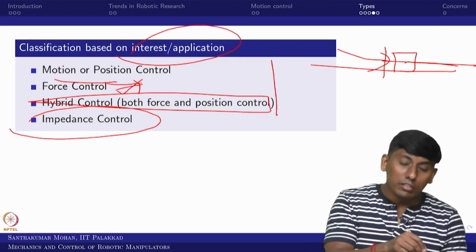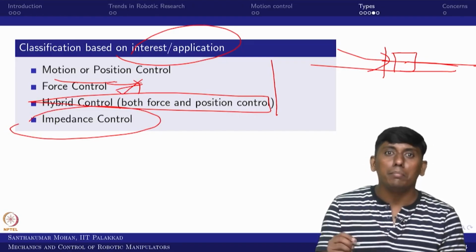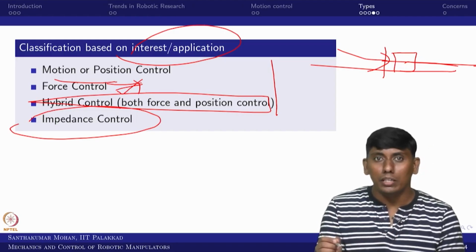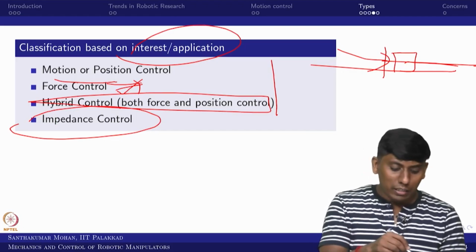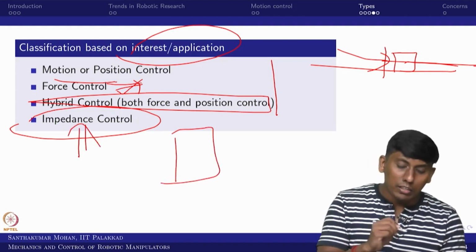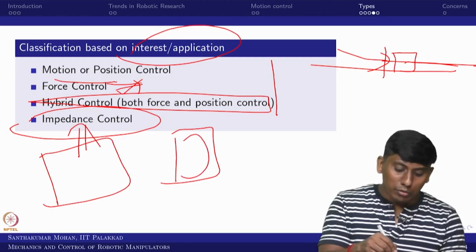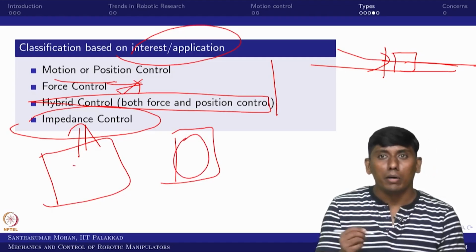But the other one is a kind of impedance. The force control also can be brought into impedance and admittance control. But here, what we are trying to mean by impedance is something like teleoperation. You have a master robot and a slave robot. The slave is smaller in size and is an exact replica of the master.